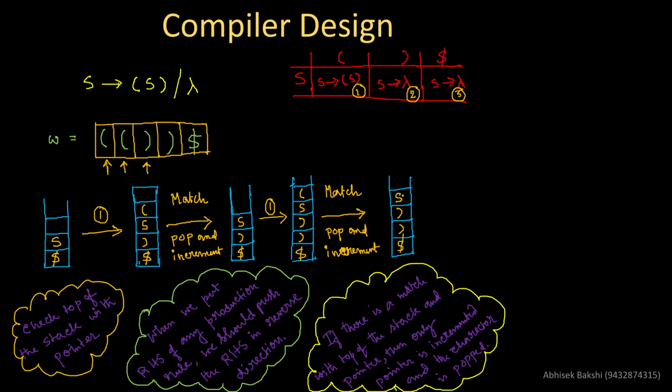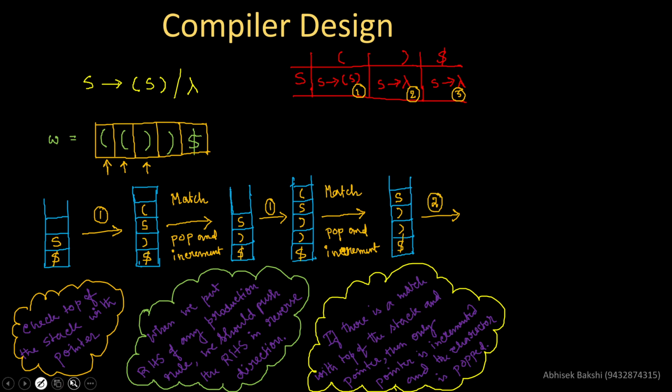So now top of the stack is capital S pointing to closing brace. So S on closing brace, according to the table, it is S to lambda. S to lambda means it's just popping out from the stack. That means number 2 will now work.